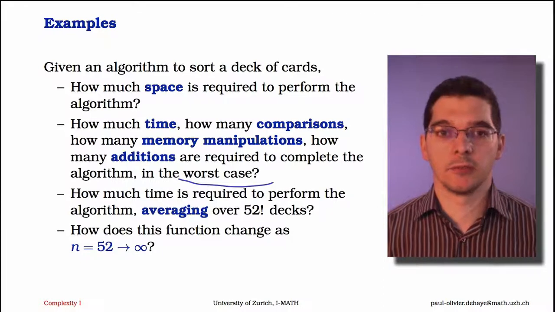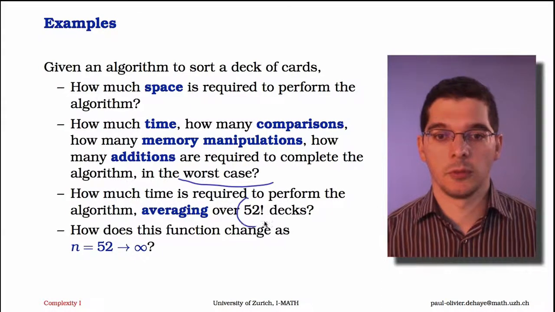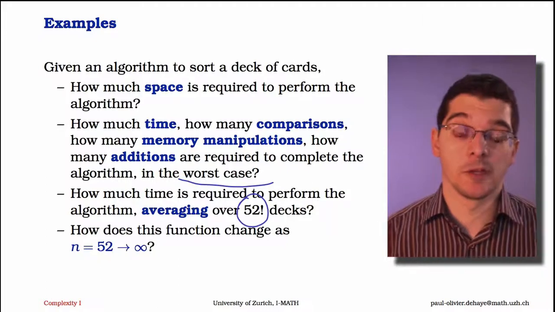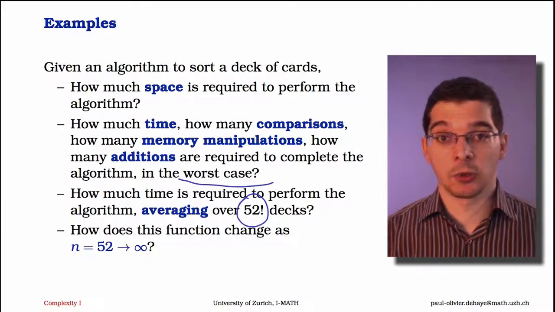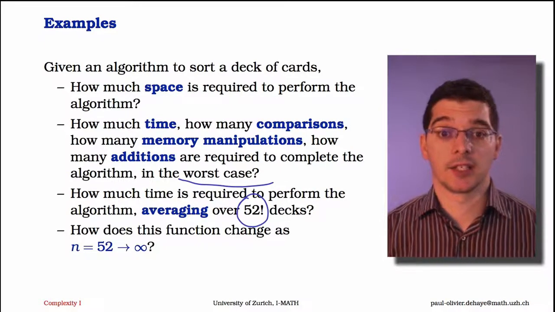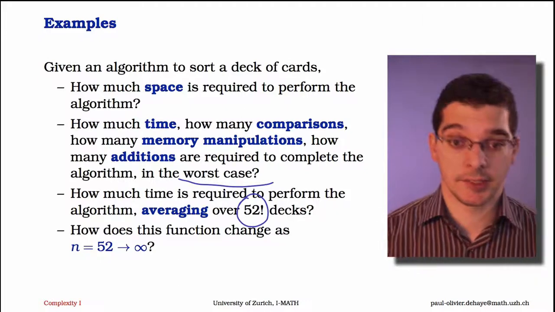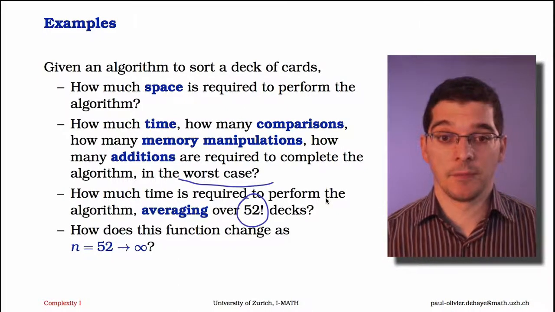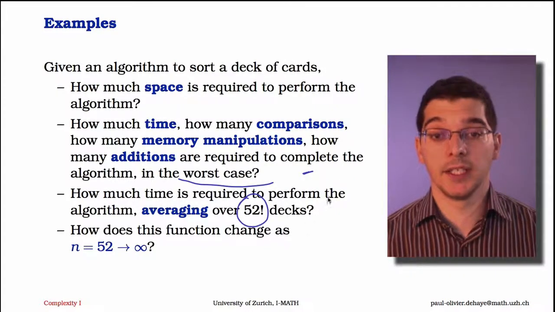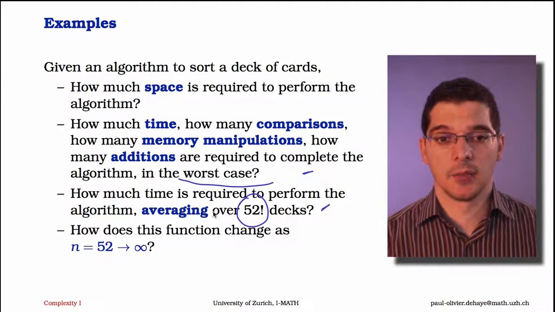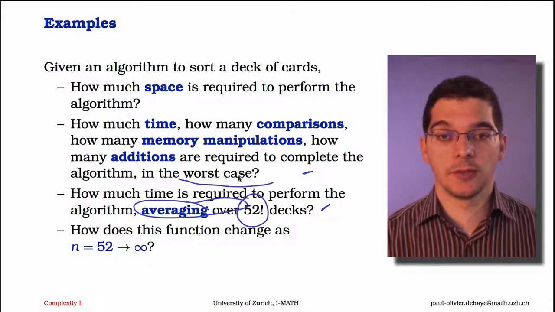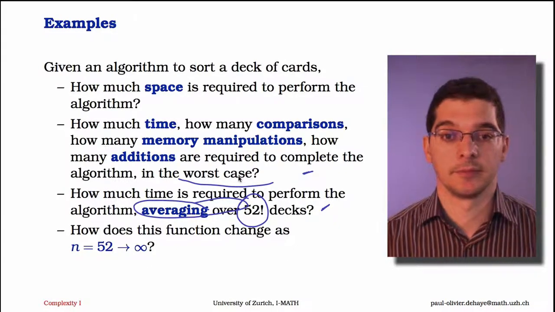You're just assuming that you have 1 out of 52 factorial possible decks, and you aim to look at the performance on average. So essentially, you're trying to minimize the sum of the application of this sorting algorithm to all the 52 factorial decks. You can see already that in many cases, the worst case complexity will be easier to compute than the average complexity, because for the average you have to look at all those 52 factorial decks, while for the worst case you just have to figure out which one is the worst.